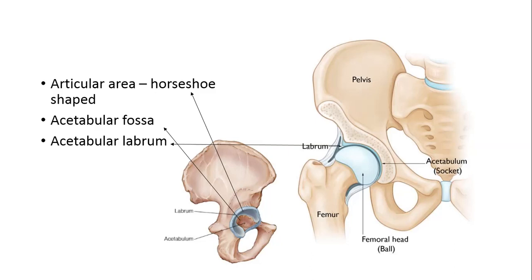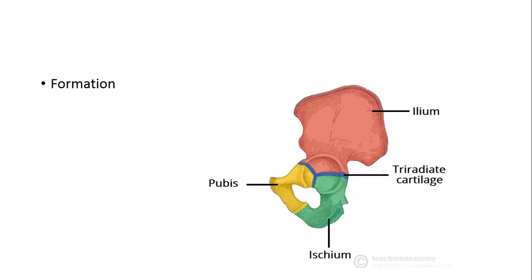So this is the acetabular labrum, and it deepens the acetabular cavity. As I have told you, the acetabulum is formed by the ilium, ischium and pubis. Ilium forms 2/5 part, ischium forms 2/5 part, and pubis forms 1/5 part. Okay.